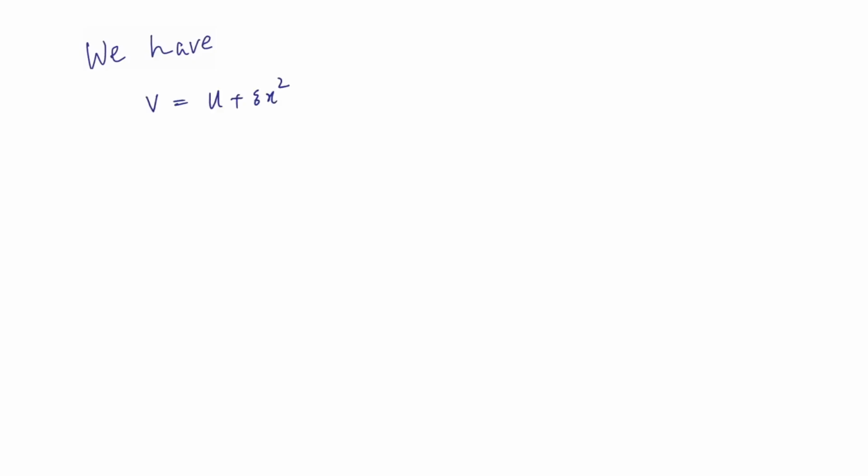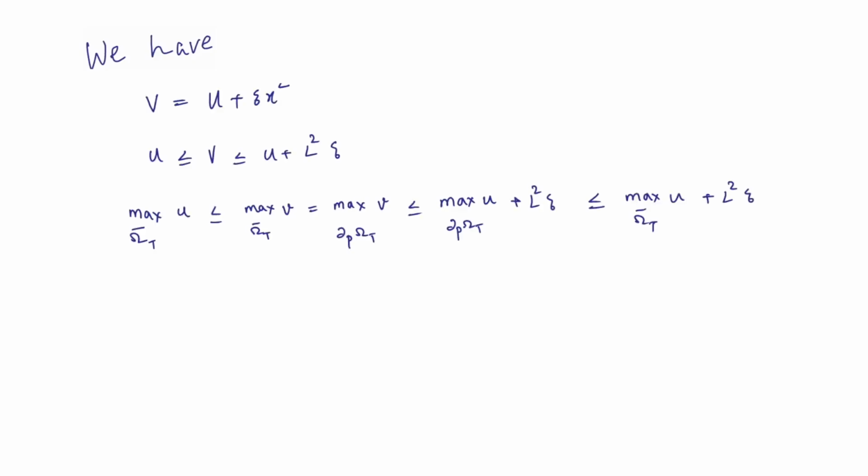So, we have, since epsilon is arbitrary, let epsilon tend to 0. Then we see that the first and the last term of this chain of inequality are the same. As epsilon tends to 0, this term goes away.